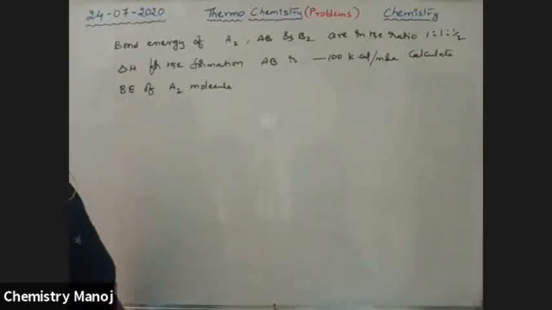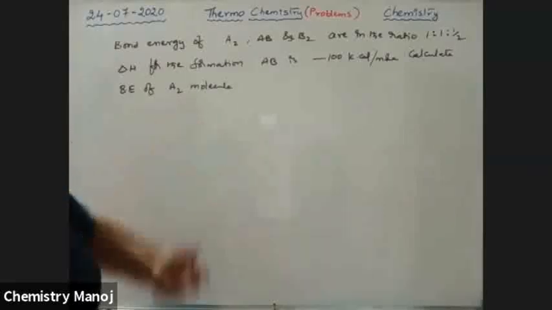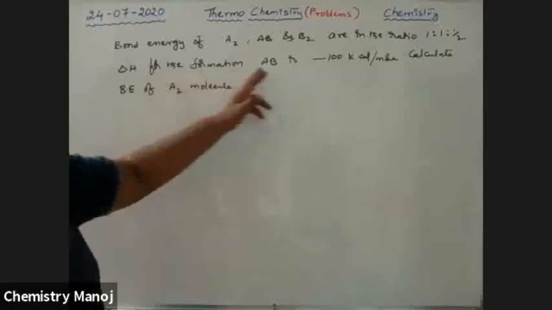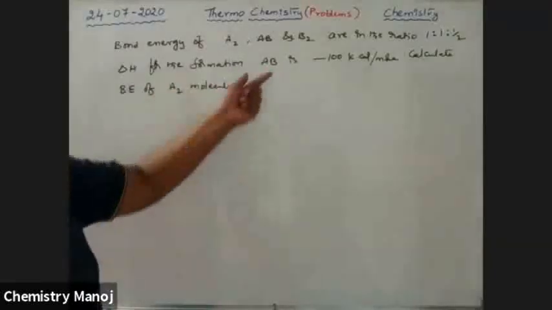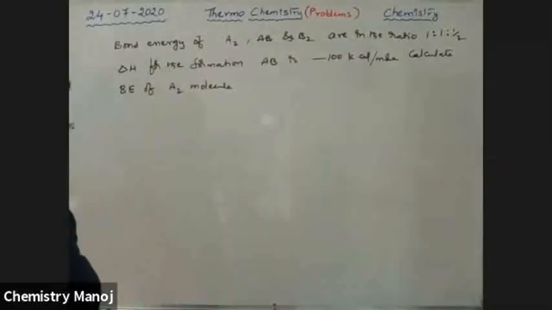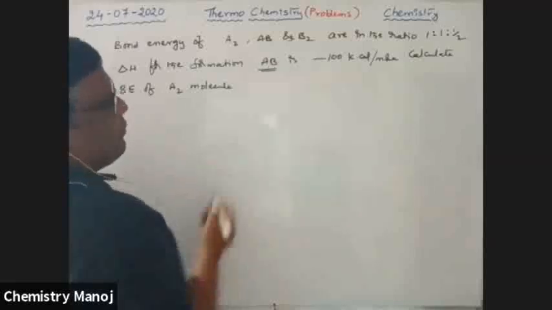So the bond energies of A2, AB, B2 are in that ratio. Delta H for the formation of AB. See here, I am writing the equation for the formation of AB.